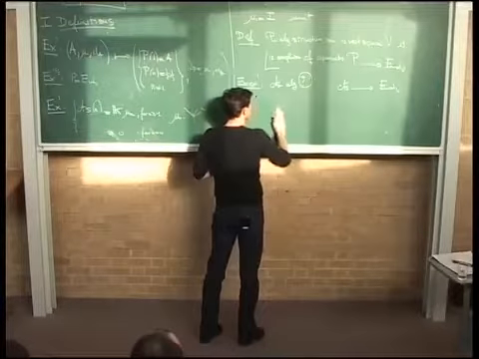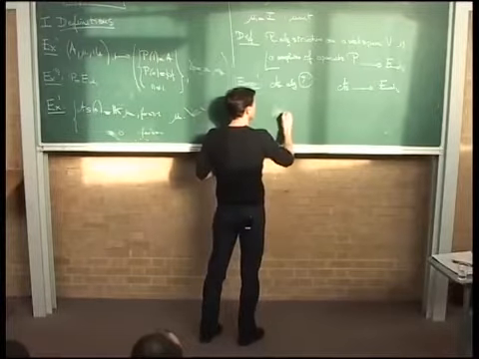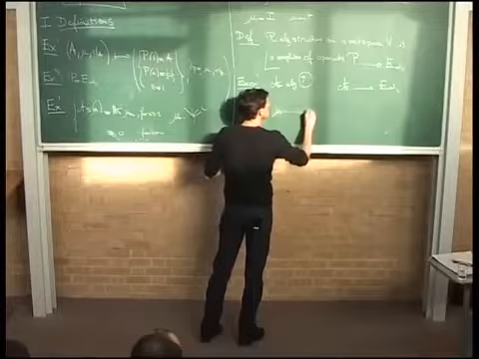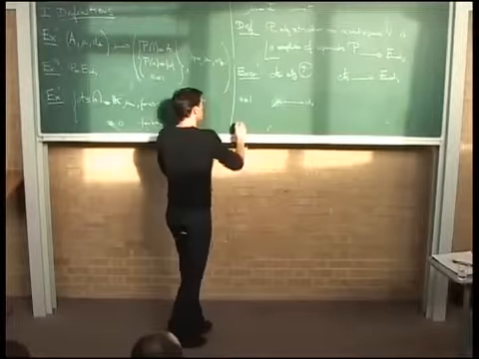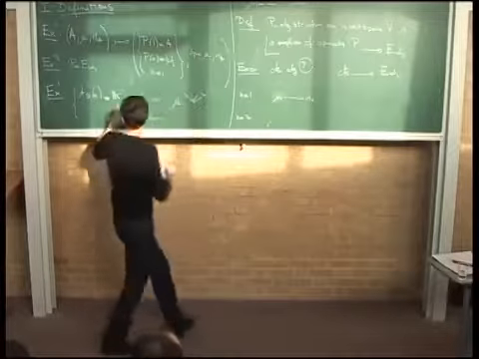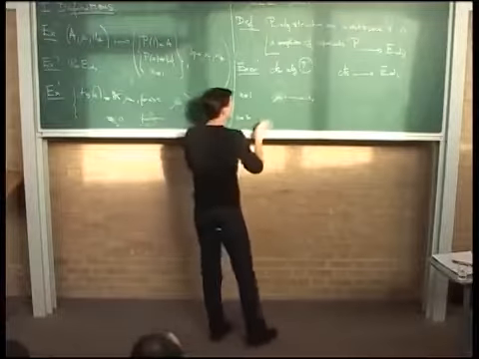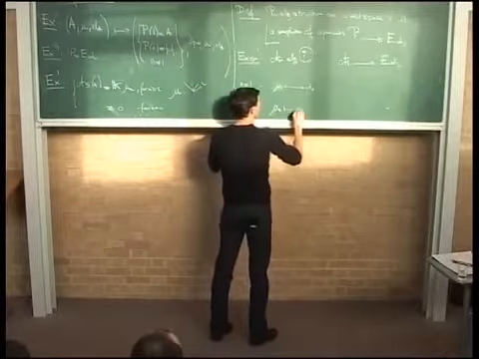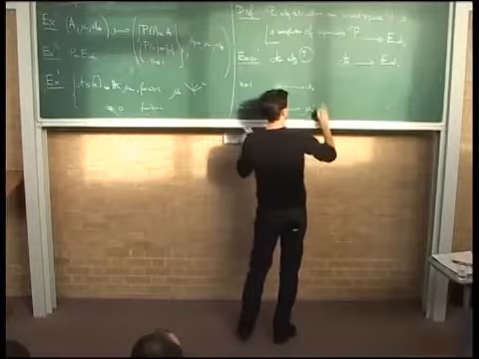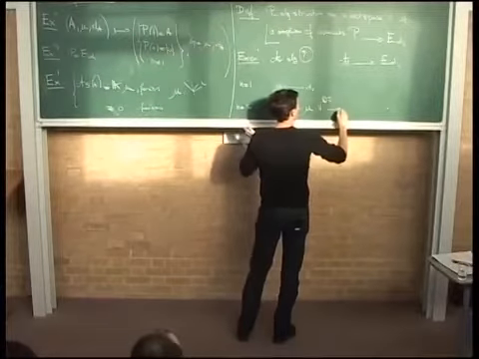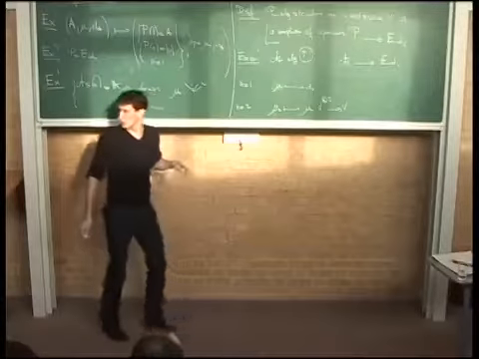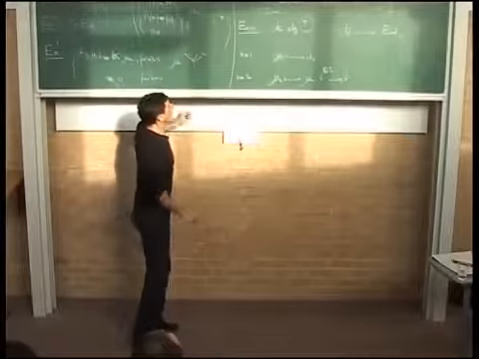We need to send mu1 to the identity of V. In arity 2, we have one element, so we send it to the right-hand side. Let me denote it mu, and this produces a linear map from V tensor 2 to V. What about in arity 3?